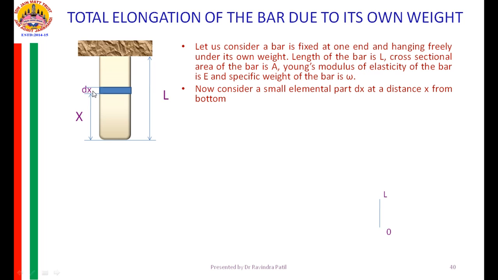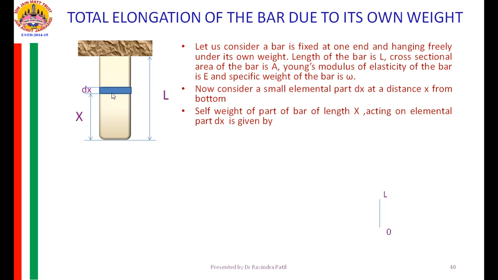What is the load acting on this part? It is nothing but the weight of the part below it. So the force acting on this small elemental part is nothing but the weight of the bar of length x, acting on the elemental part dx.